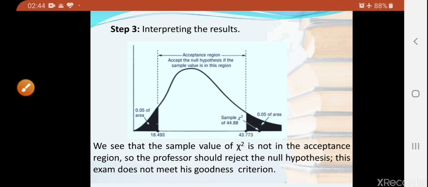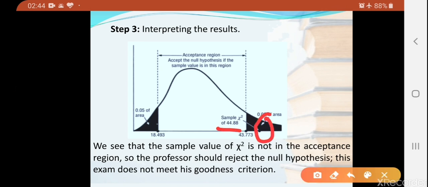So our values from the table are 18.493 and 43.773, and the calculated value is 44.88.